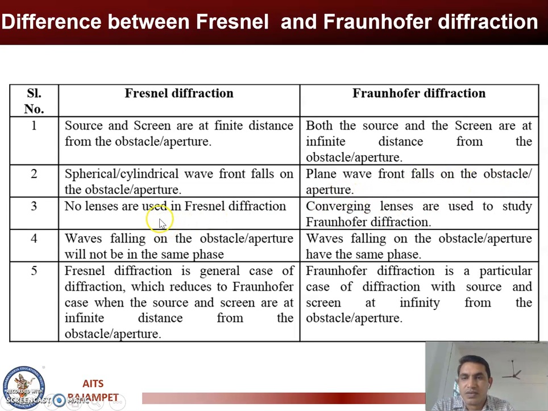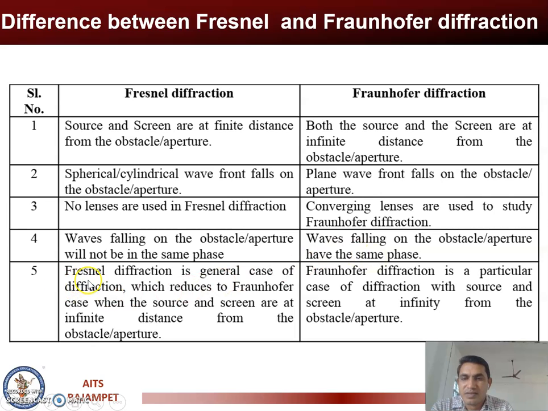Third one is that no lens is used in Fresnel diffraction, and converging lenses are used to study Fraunhofer diffraction. Fourth difference is that the waves falling on the obstacle or aperture will not be in the same phase. This is the main one. In Fraunhofer diffraction the waves falling on the obstacle or aperture have the same phase.